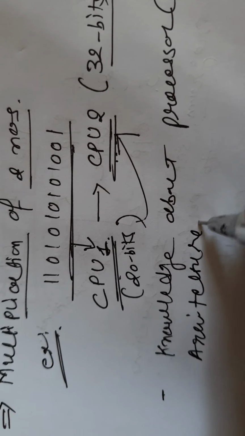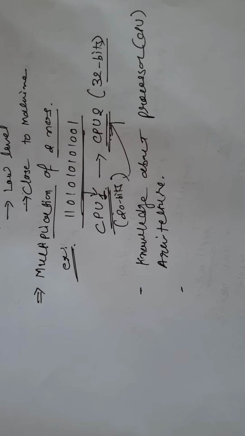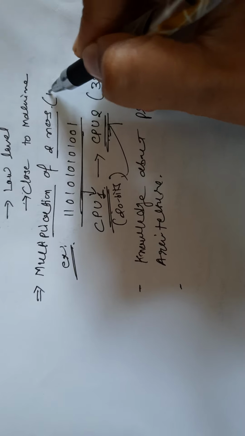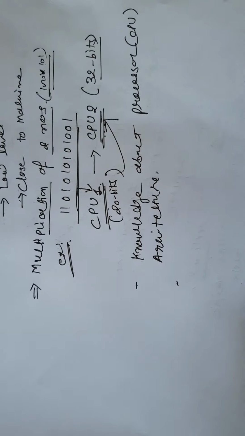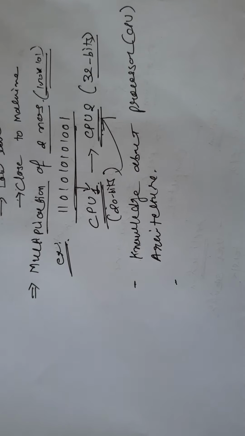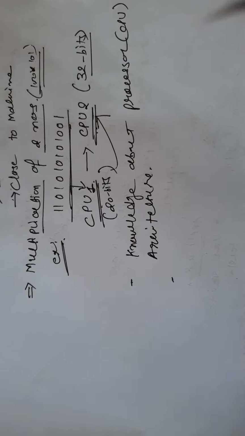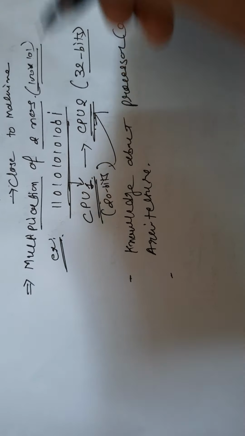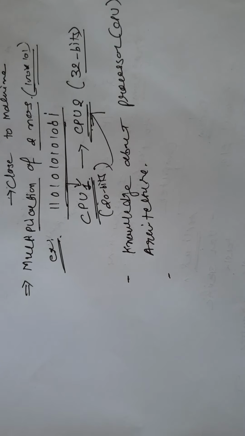Just to multiply any numbers, whether it is 100 into 101 or any numbers, we have to write a bunch of zeros and ones, and misplacement of any zero or one may result in failure or give you an incorrect result.